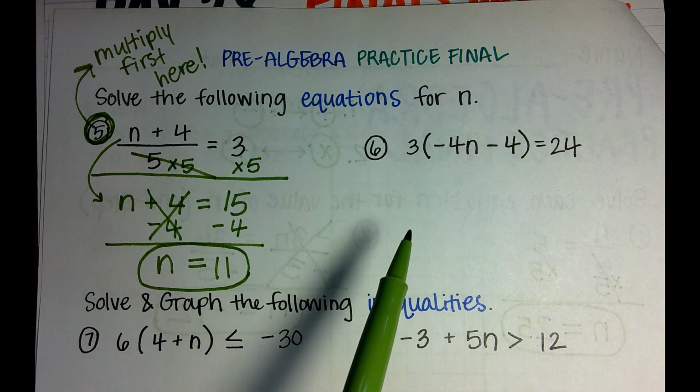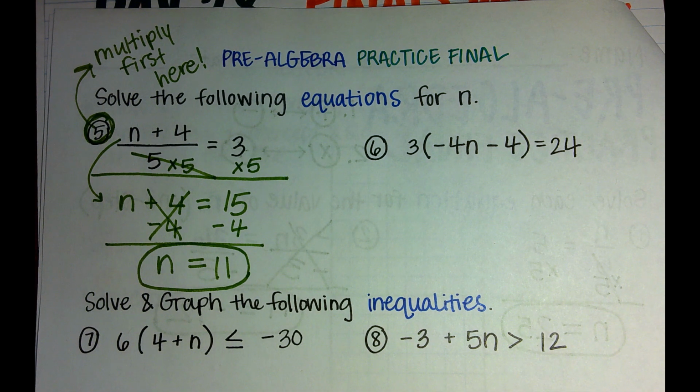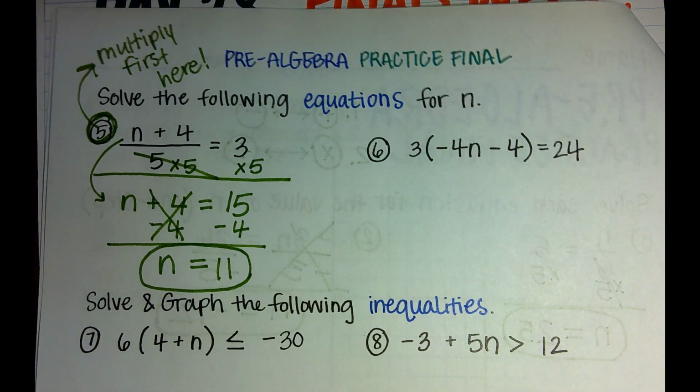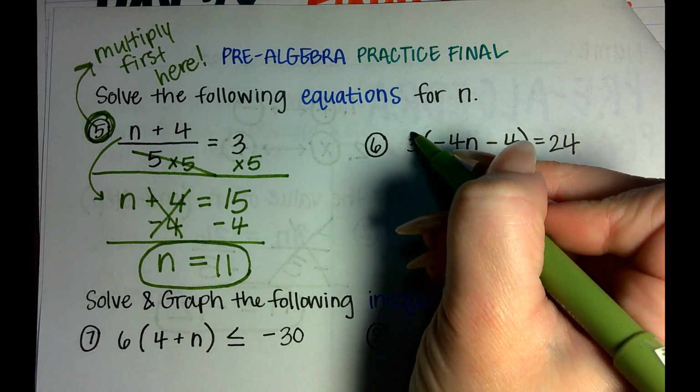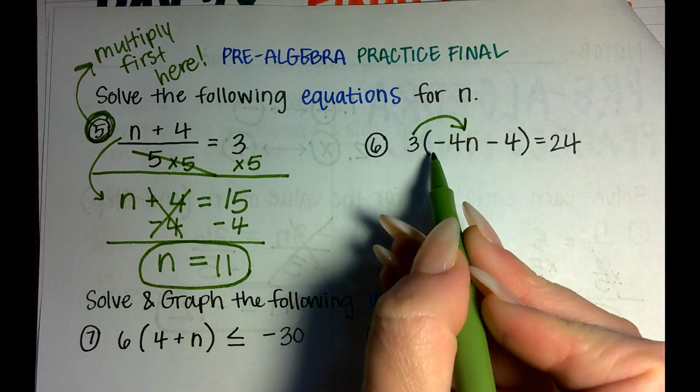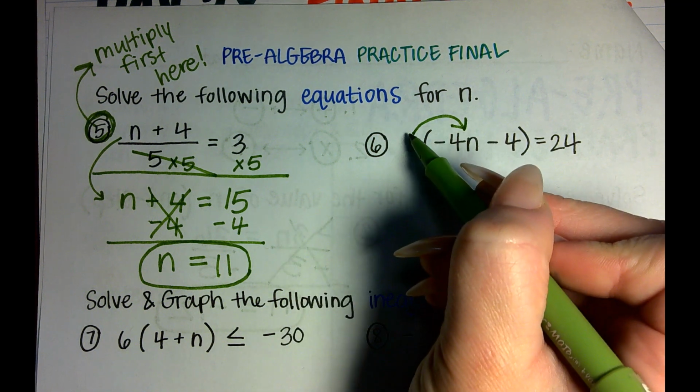Okay, number 6, there are 2 ways to solve this one. What is one way that we could start number 6? We could start by distributing. Now, if we distribute, we need to be careful because I have some negative numbers in here.